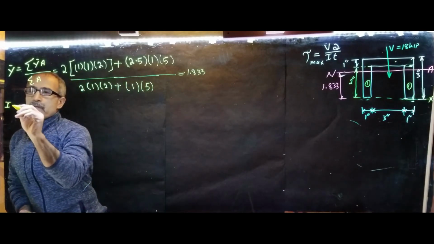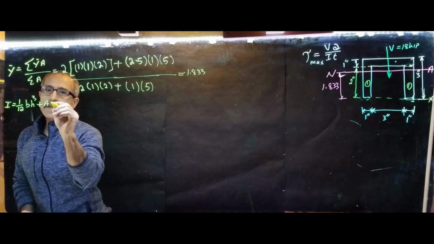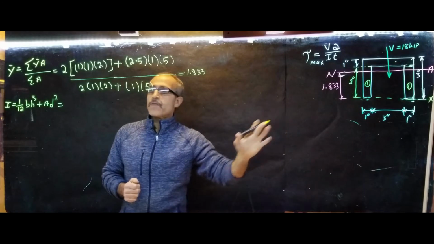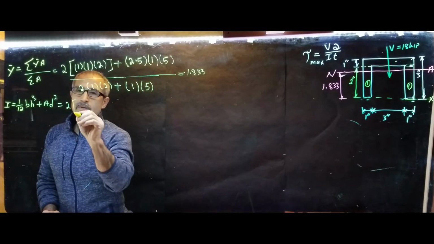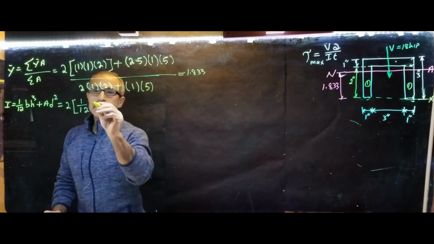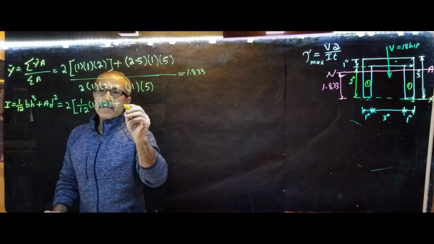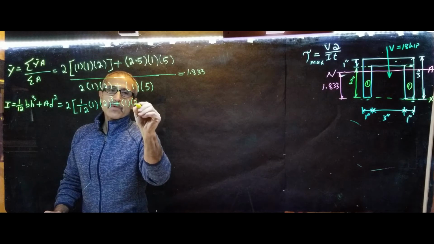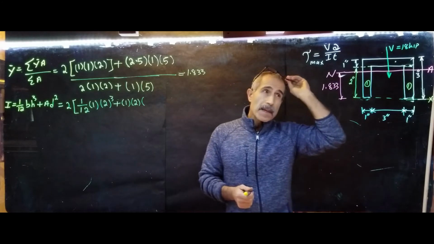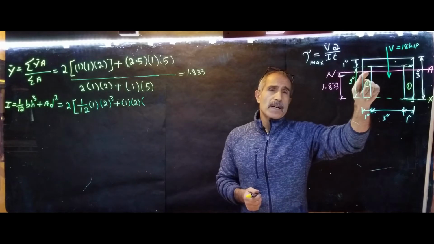I is equal to, you know the formula, 1/12 BH cubed plus AD squared. Okay, let's deal with the first shape again. There's 2 of them, so I'm going to say 2 for both of them, and 1/12. My B is 1 inch, my H is 2, to the power of 3, plus area, which is 1 times 2, and D. Now D is the difference between the center of this shape and the neutral axis.